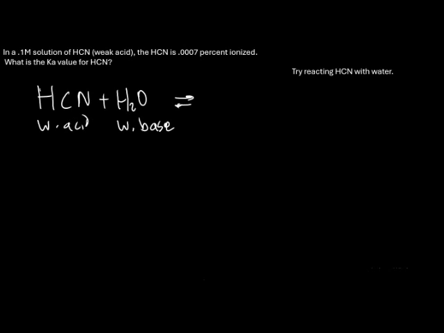And a weak acid will lose H, leaving CN behind, and go more negative, making that a negative charge. The base will gain an H to make H3O and become more positive, and so we'll have H3O plus, or hydronium. So now we know that if HCN ionizes, it makes CN negative and hydronium.